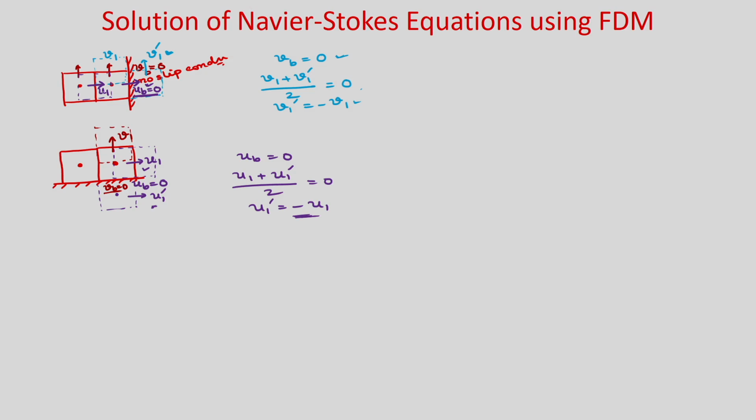So, u b directly you will get, but when you are solving for v, you need the value from v 1 prime, and that is unknown. So, we are satisfying the no slip condition at the boundary: v b is equal to 0 and v 1 prime is equal to minus v 1.